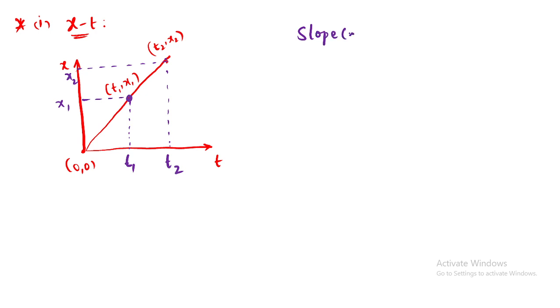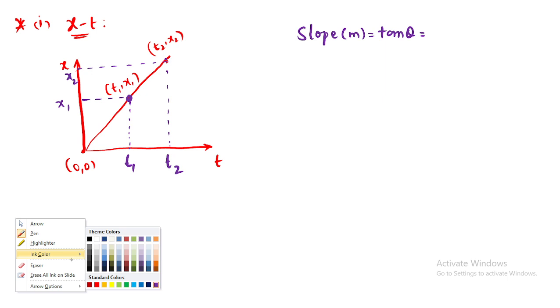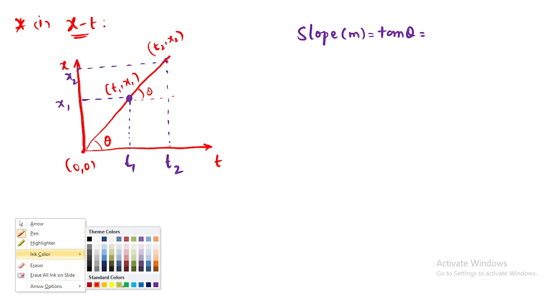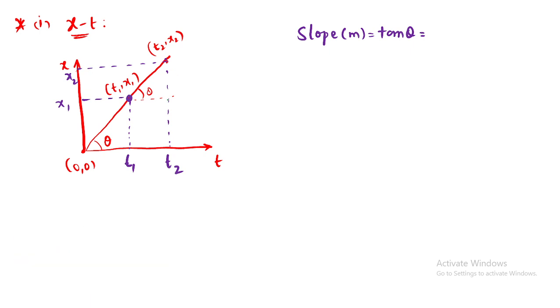Now you want to get the slope of the curve, which is nothing but tan theta. Am I correct? Yes or no? Slope between two points, we take the difference in those points. Or if you are familiar with trigonometry, whatever angle is here, the same angle will be here. From the ground to here it is x2, and this will be x1.